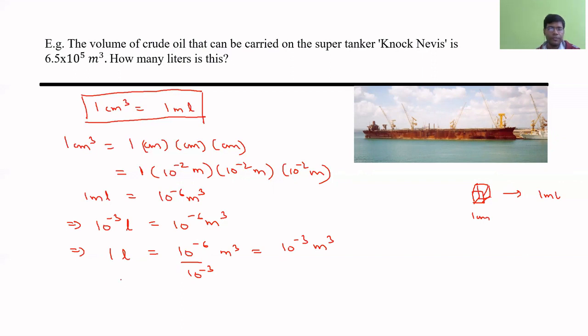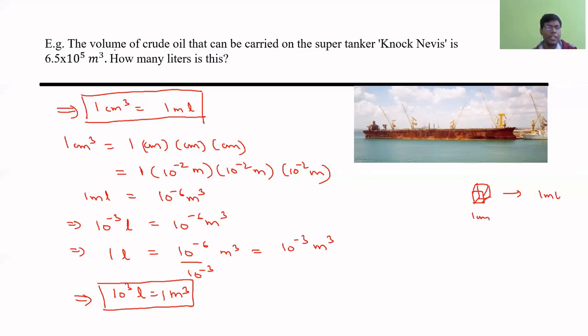If you take this to the other side, you can in fact write 10 power 3 liters is equal to 1 meter cube. So either you can remember this or you can remember the other relation. Basically we are converting centimeter cube into milliliters, or we are converting meter cube into liters.